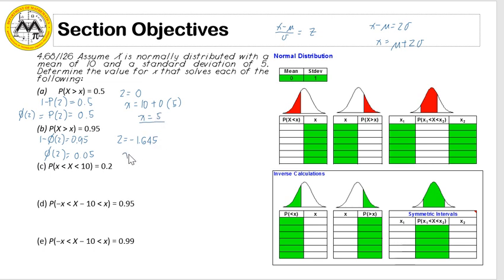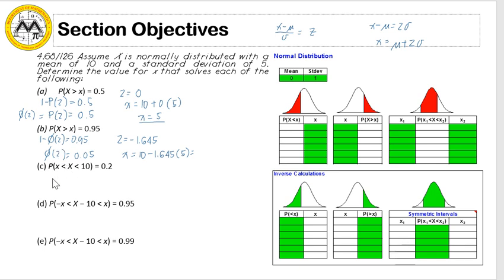So your x would be 10 minus 1.645 times 5. And then we can evaluate this, or we can have it later. We can use the Excel file.